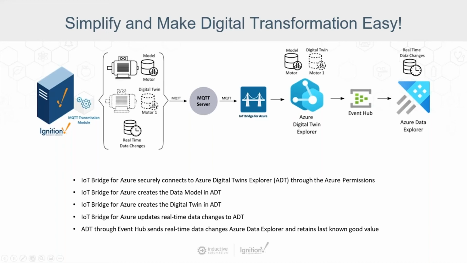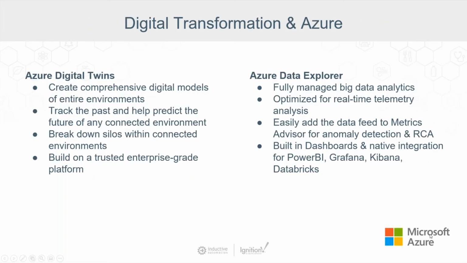So now, with one easy step, we created a model, we've instantiated it, creating a twin, and then using Event Hub, we can take all of the real-time process variables that are changing and get those directly into Azure Data Explorer. So with that, Mike, given that topology, what do you see that Microsoft can start doing with that?